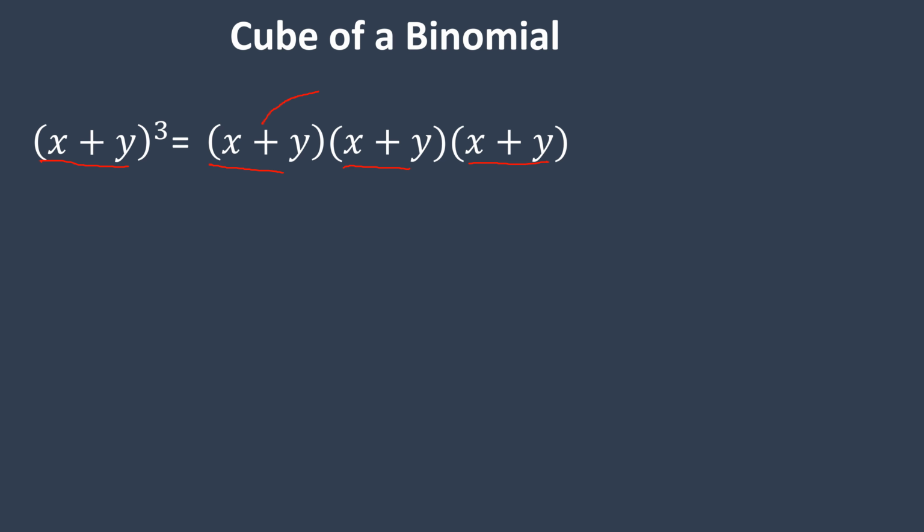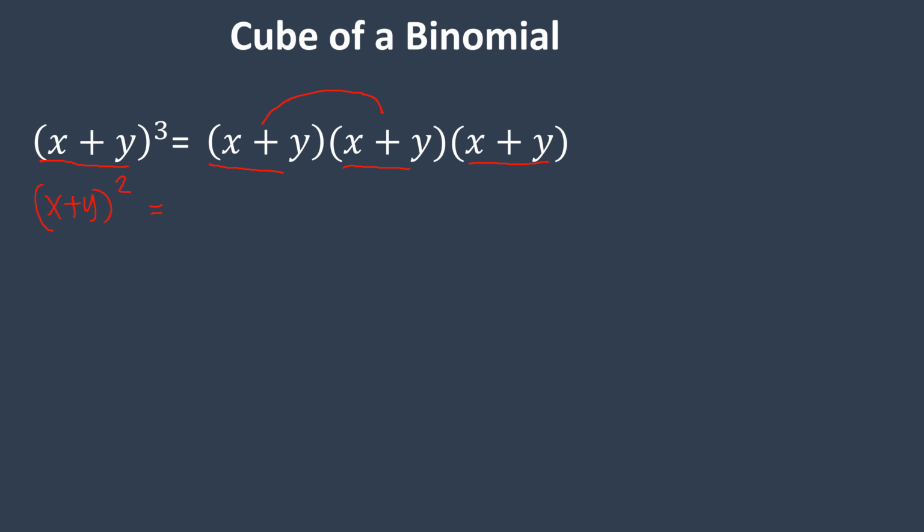I'm sure you still remember that x plus y times x plus y is just the same as x plus y to the power of 2, the square of a binomial. Remember the steps in squaring a binomial.